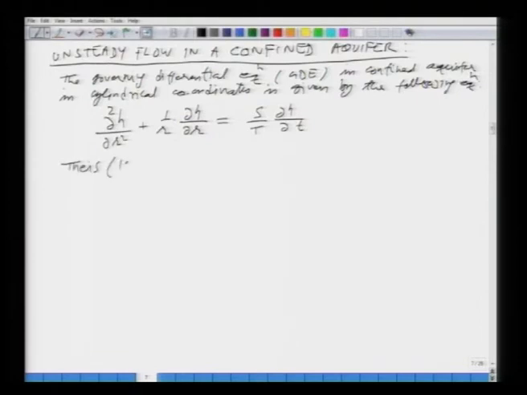Theis proposed a solution to this governing differential equation with the following boundary conditions.